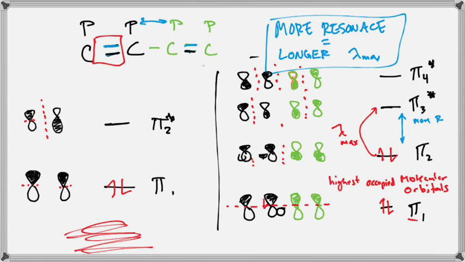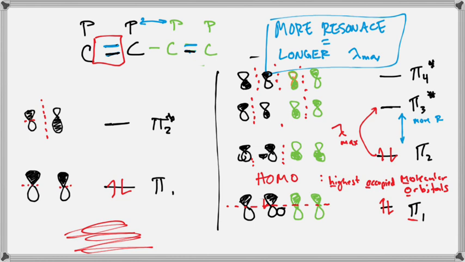So instead of naming the orbitals that are doing the jump, which is not going to be consistent, I can now say I'm jumping from the highest occupied molecular orbital. Even that's a mouthful, so what do we switch it to? HOMO, our highest occupied molecular orbital.